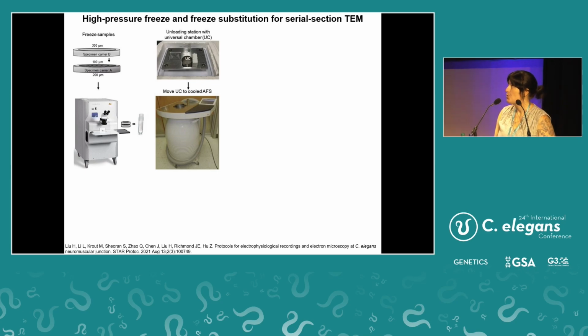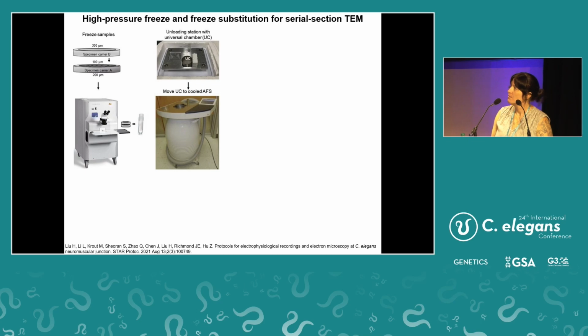So you put your worms in a specimen carrier and you use a cryoprotectant. That's OP50 with a tiny bit of water. We use a Leica HPM freezer, and this freezer freezes the worms instantaneously at really, really low temperature under really, really high pressure.